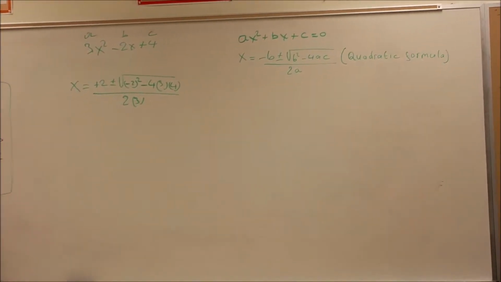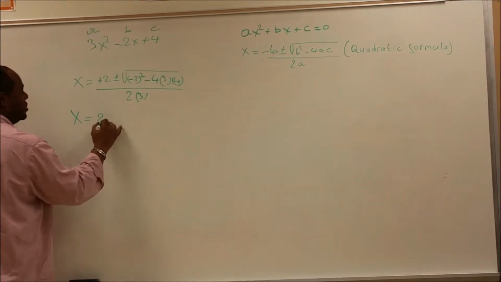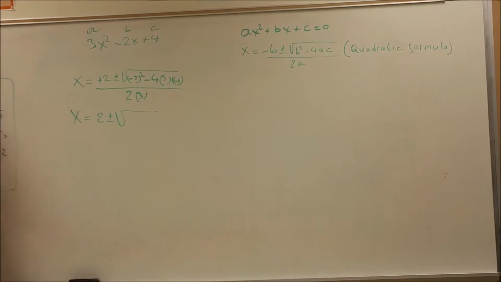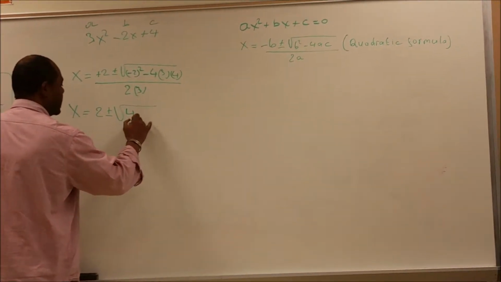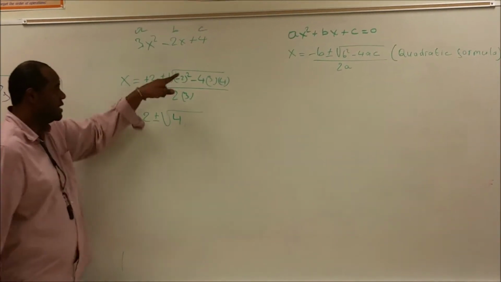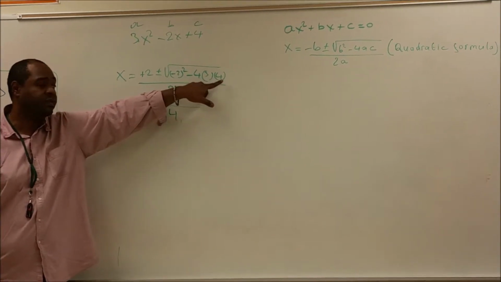So let's simplify this. What do we have? x is equal to 2 plus or minus square root. What is negative 2 raised to the power of 2? 4. Now I'm not going to put the negative yet, so let me just ask you this. Negative 4 times 3 is what? Negative 12. Negative 12 times 4 gives you what?